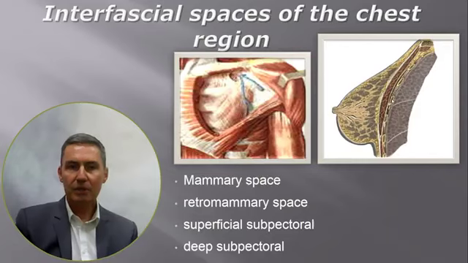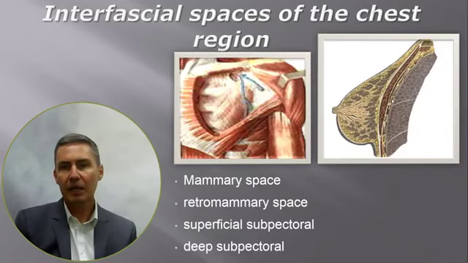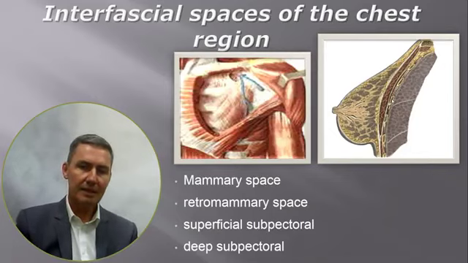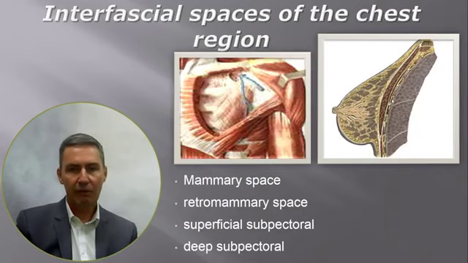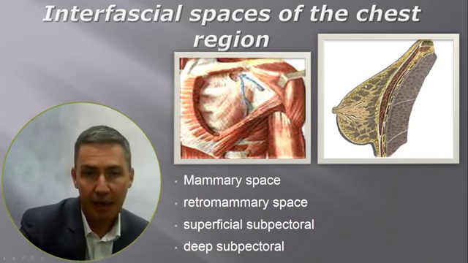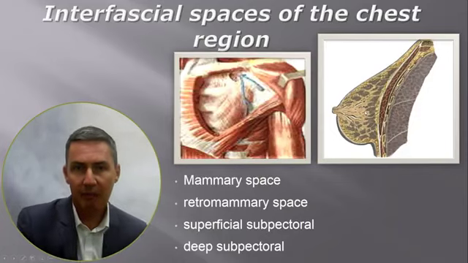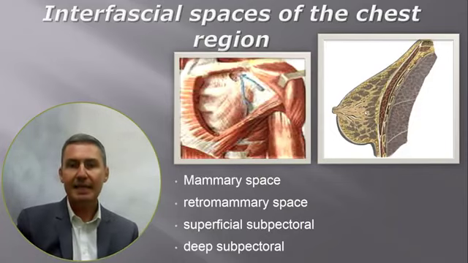It's quite important to remember these spaces, because these interfascial spaces could be the places of suppurative processes, abscesses or phlegmons location. And such a quite common disease as mastitis, which occurs during lactation, is located, for example, in the mammary space, if the tissue of the mammary gland is involved in the process.